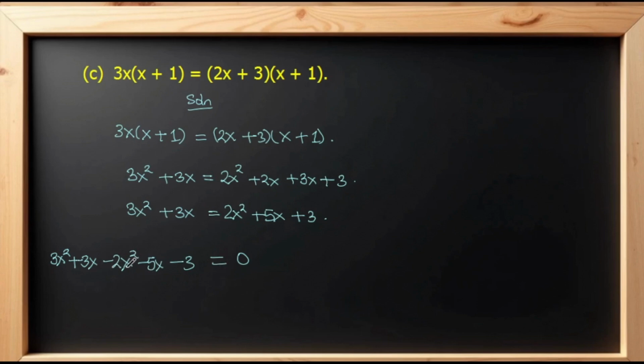So working out the leading terms, we have 3x squared minus 2x squared. This one gives us only x squared. Then simplifying 3x minus 5x, we get minus 2x. And then we have only one constant, that is negative 3 equals 0. Fantastic. So this is our equation we're going to work on.